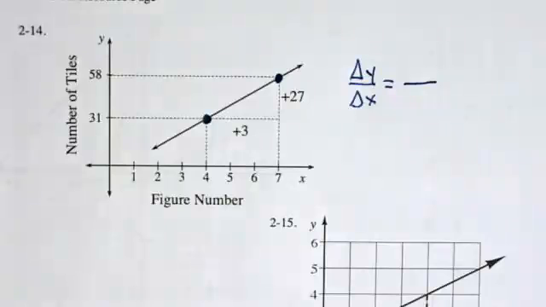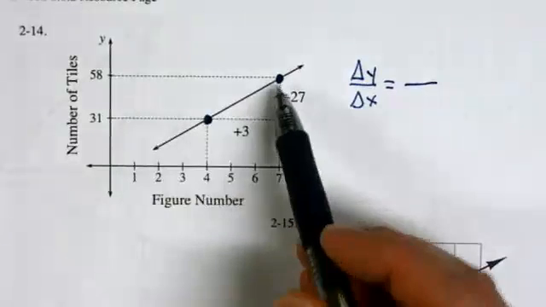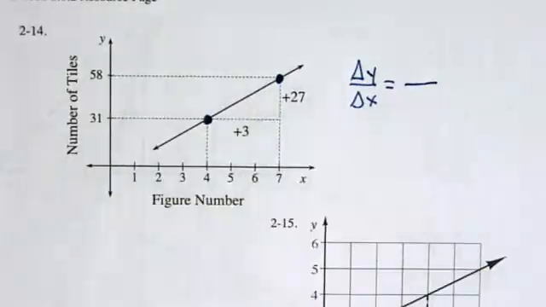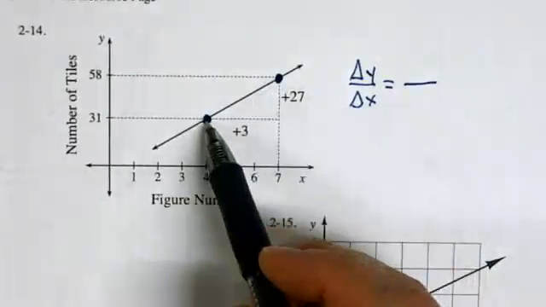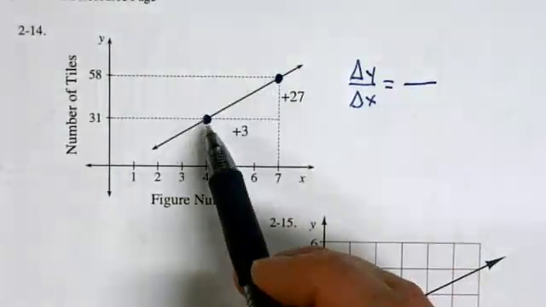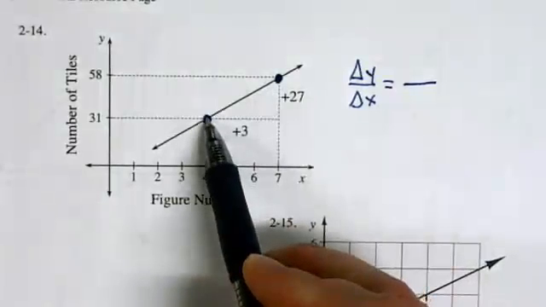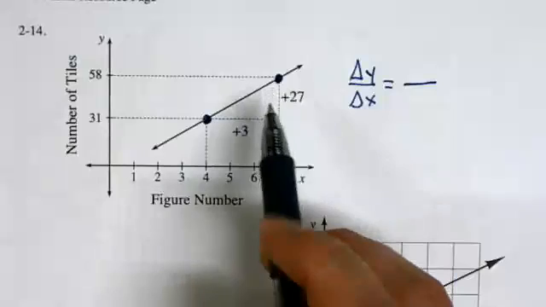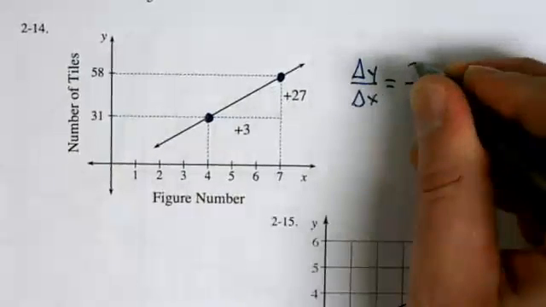In the y direction, to go from this point to this point, how much will I have to change? First of all, is y left and right or up and down? Up and down. So how much do I need to move up to get from this point to this point? 27. Awesome. Thank you.